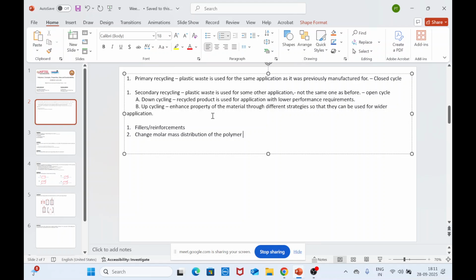Once you change the molar mass distribution, apart from the processing, other properties are also going to change, and that can be used for wider applications, or it can be made suitable for applications with higher performance metrics as well.